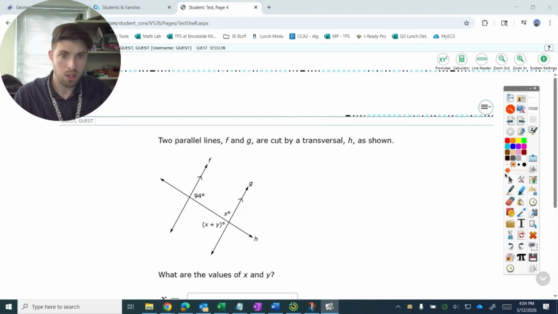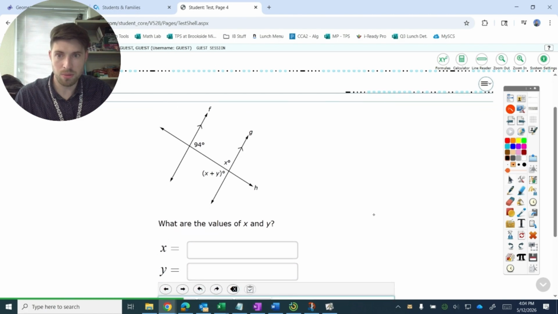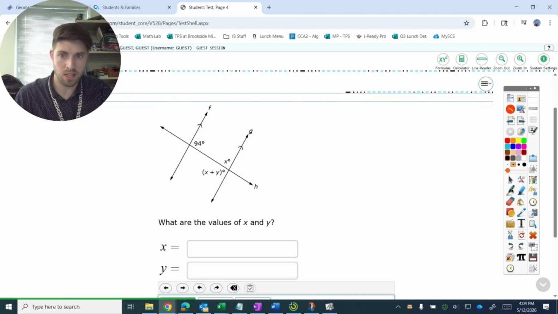Question 4, we've got two parallel lines, F and G, that are cut by transversal H as shown. We've got this diagram here. And we need to find, this is a free response question, we need to find the values of X and Y. So we need to remember our relationships, right? So here I've got two parallel lines, and this angle 94 and this angle X are consecutive interior angles.